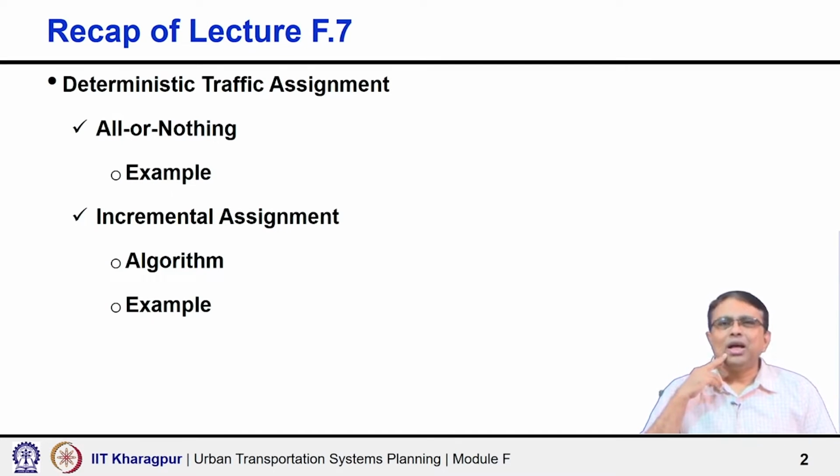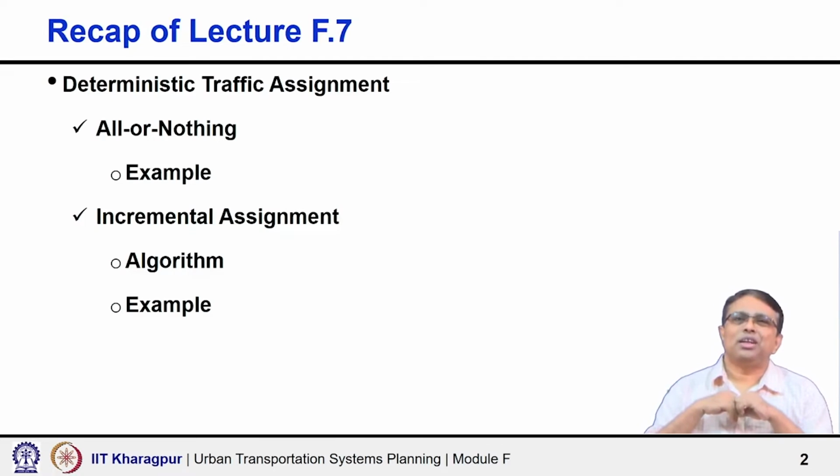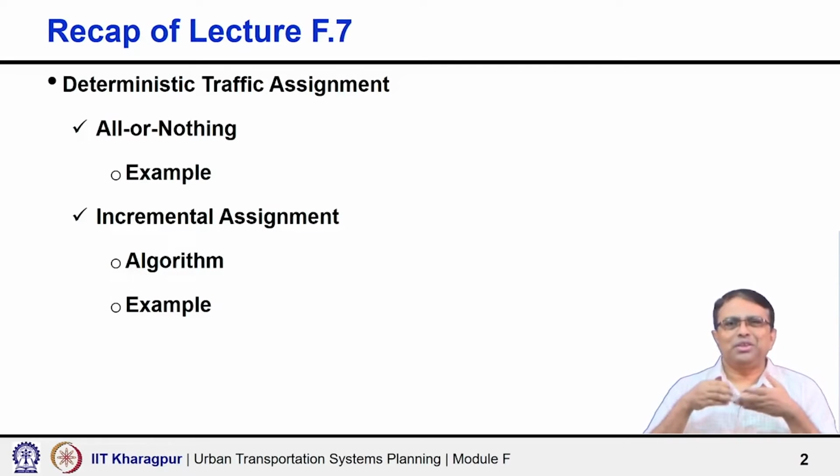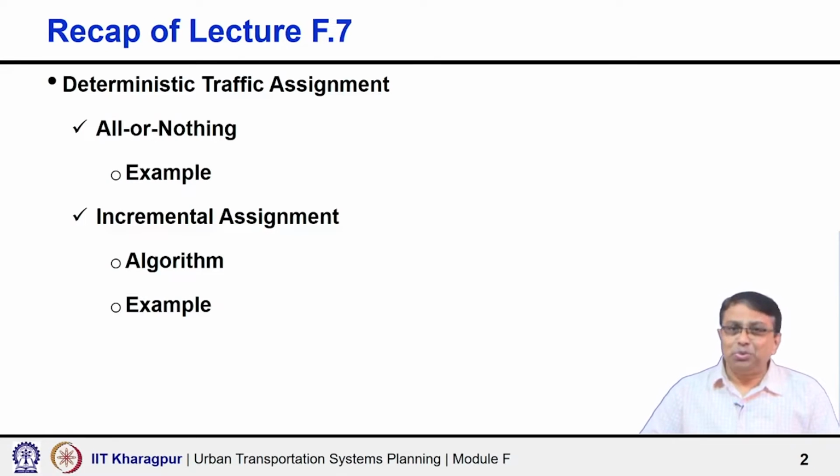In each increment a small fraction of the total load is assigned, and every time we assign, we recalculate the shortest path. With that level of loading, whatever is the shortest path, the next incremental load is assigned along it. Then we update the flow, calculate the cumulative flow, update the travel time, calculate the shortest path again, and apply the next incremental load along the shortest path.